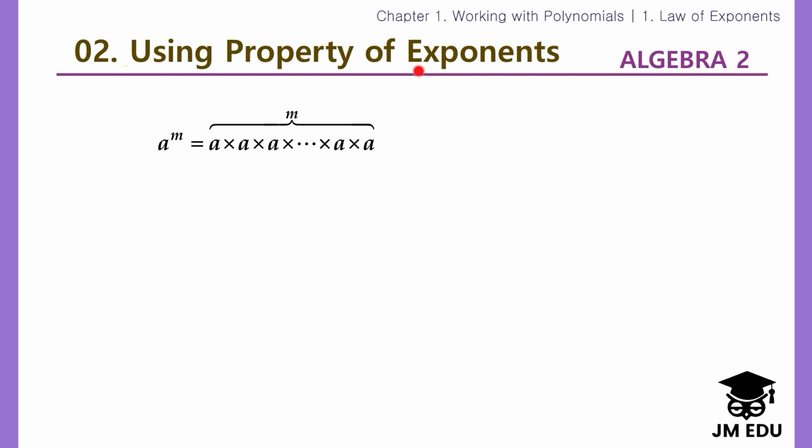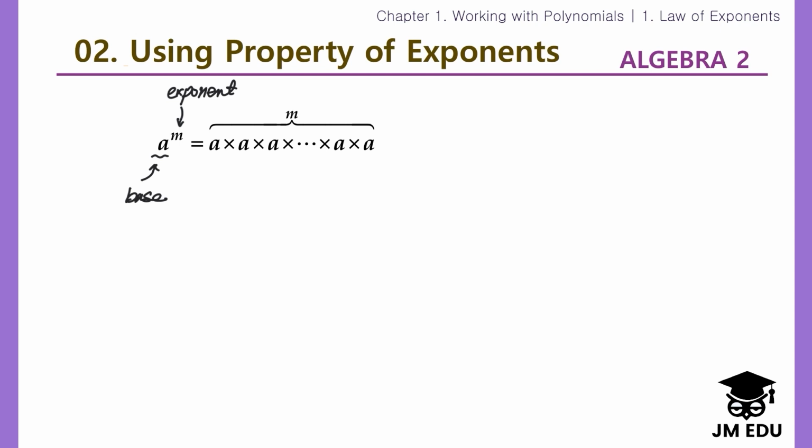Using properties of exponents. Let's say we have the expression a to the power of m. This a is called the base, and this m is called the exponent. Sometimes we call this the power of a.